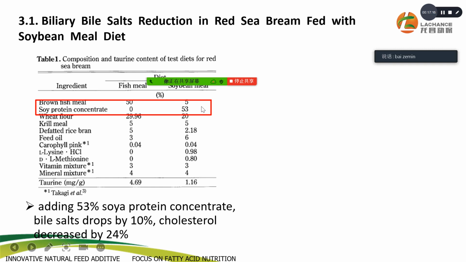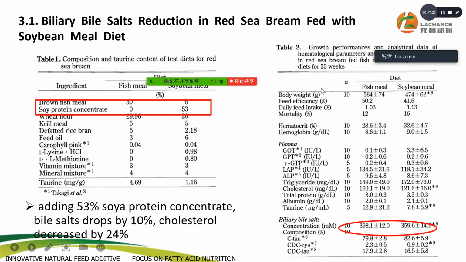For the treatment, we replaced 53% with soybean concentrate and added 5% fish meal. But finally, we found that fed with a high percentage of soybean meal, the body weight of the fish decreased by almost 20%. Feed efficiency decreased by 16%, and the daily feed intake increased. Of course, the mortality also increased.